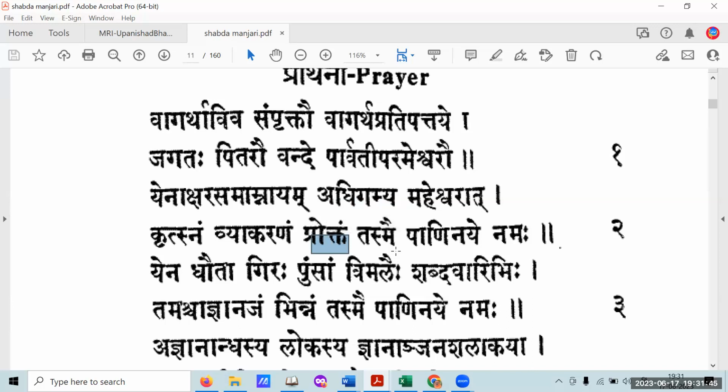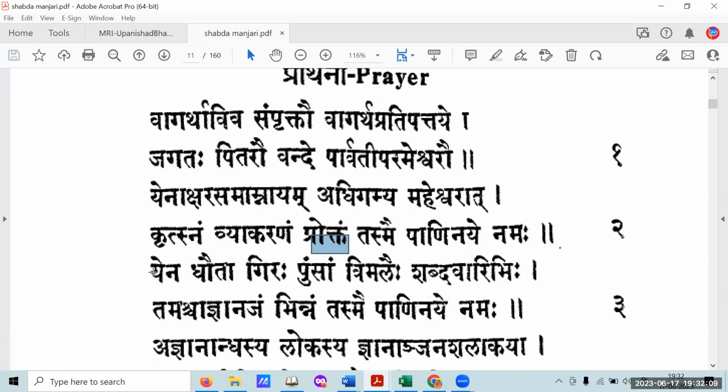Is Vach dhatu sakarmaka or akarmaka, to say? It's sakarmaka. Therefore, proktam has to be in what sense? Here in karmani. Therefore, by whom? Kritsnam vyakaranam proktam, the whole vyakarana was told. Tasmai, to that Panini, my salutation. So you can start seeing the application of these words.